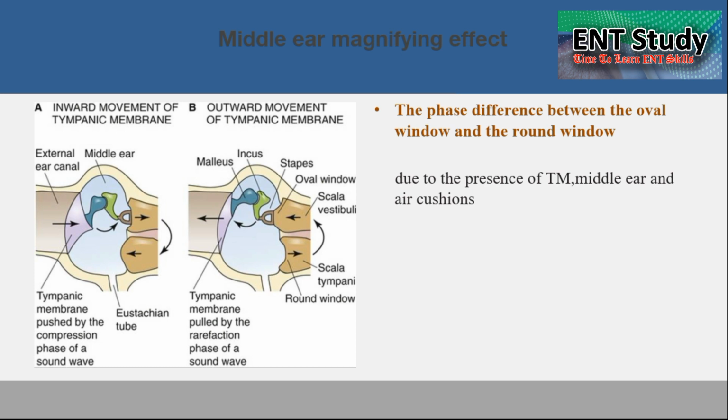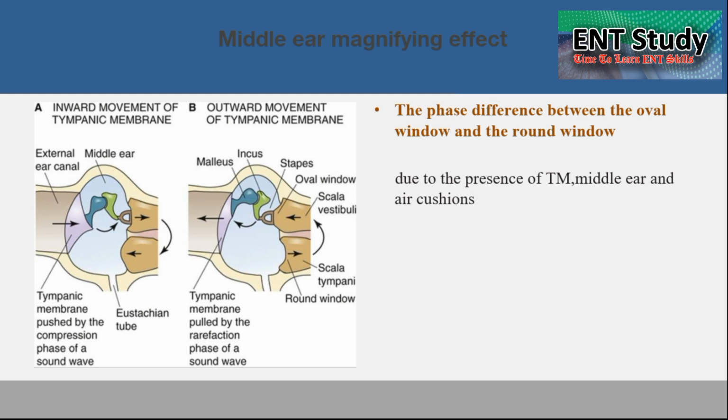Thus, in the normal ear, no sound wave reaches the oval and the round window at the same time. Due to the presence of the tympanic membrane and the middle ear cushions, there will always be a phasal difference between the oval and the round window.